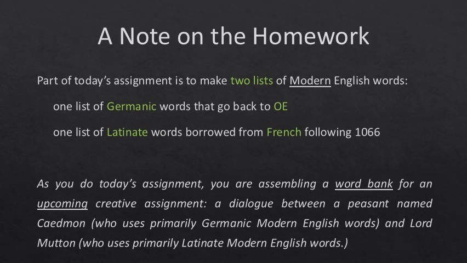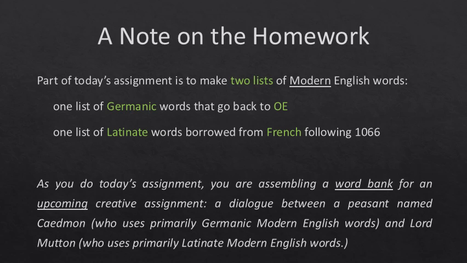But a peasant who speaks modern English, yet his language is characterized by using words that go back to Old English, Germanic language. And the other, that's Cadman. The other is Lord Mutton, or Lord Mouton, if you prefer, who also speaks modern English and is the lord of the area where Cadman works. Cadman, let's make Cadman a goat herd or a shepherd or something.